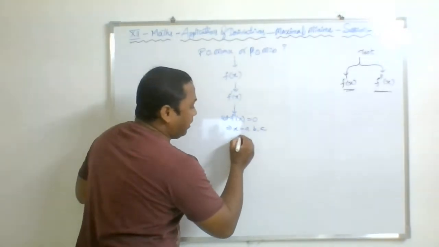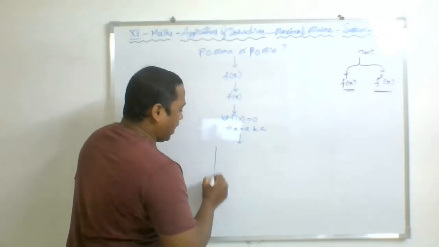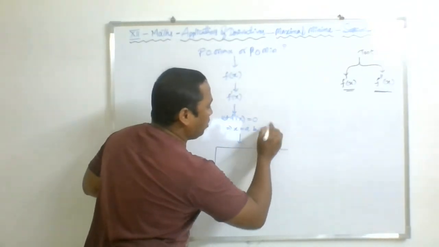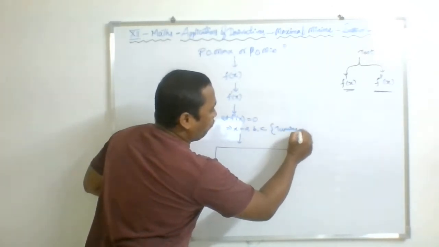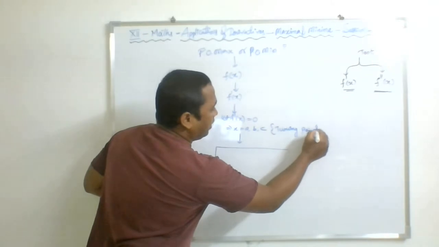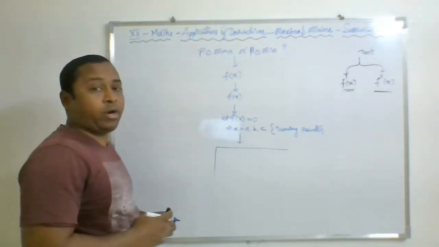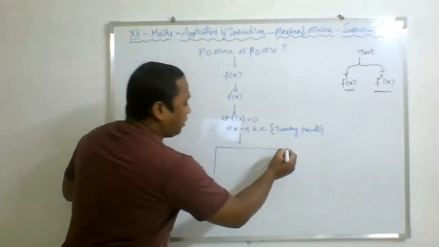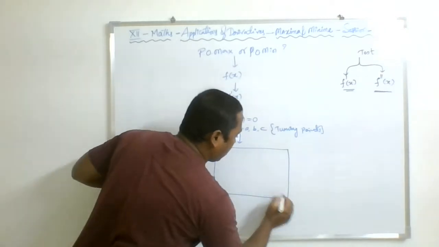Then we'll make an analysis table, because we got the turning points and we want to check whether each turning point is a point of maxima or a point of minima. For that, we take each turning point.